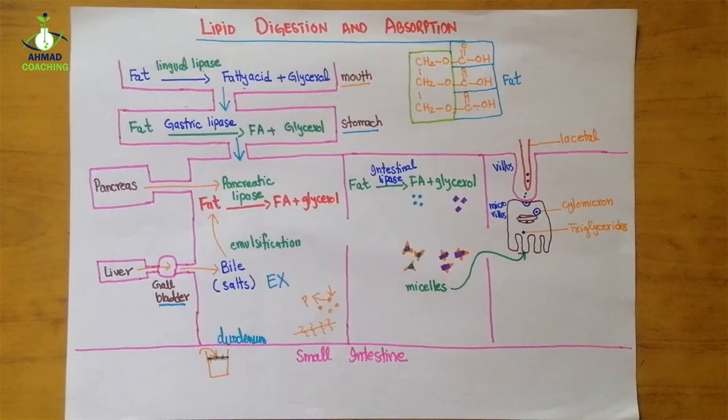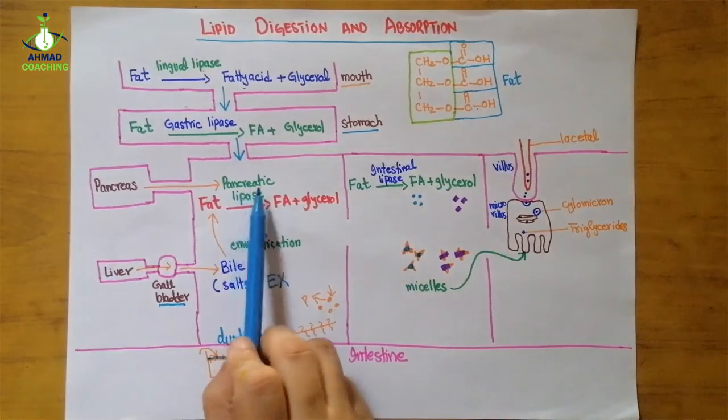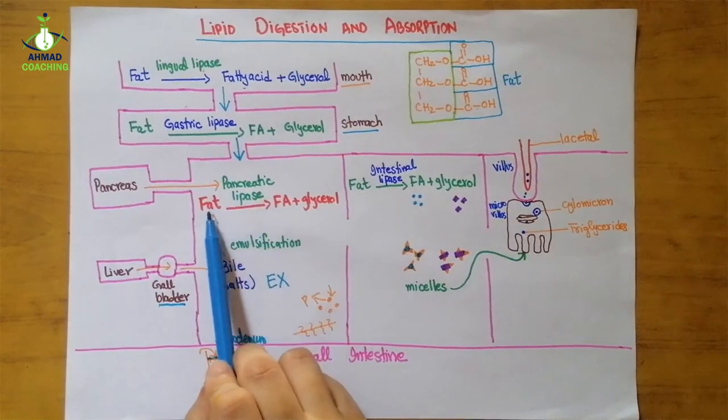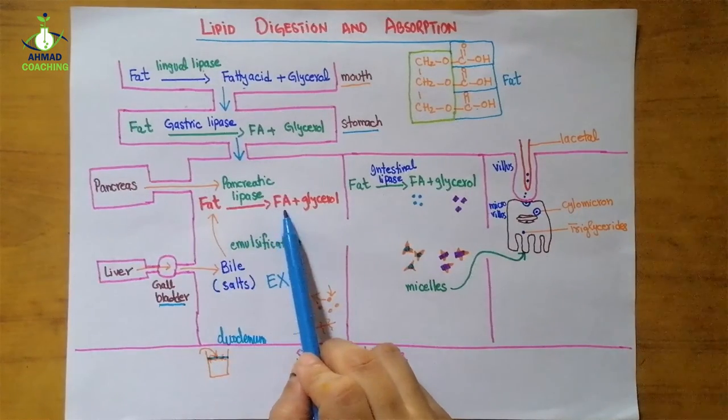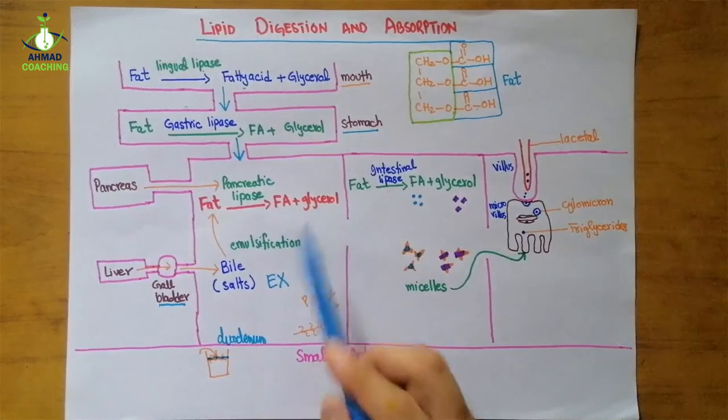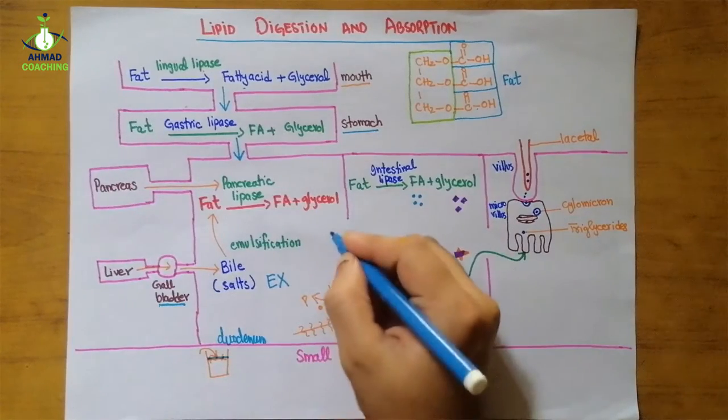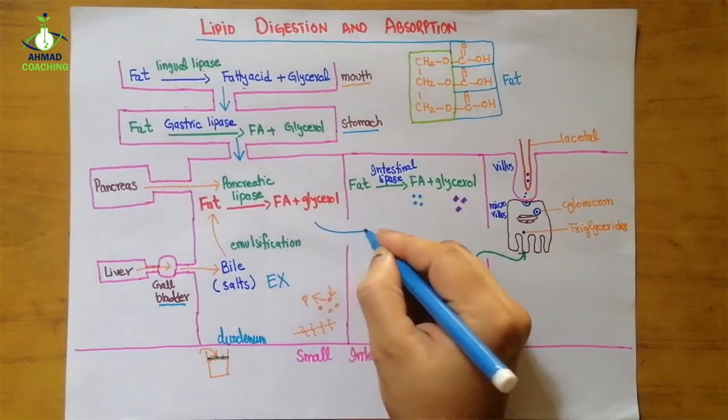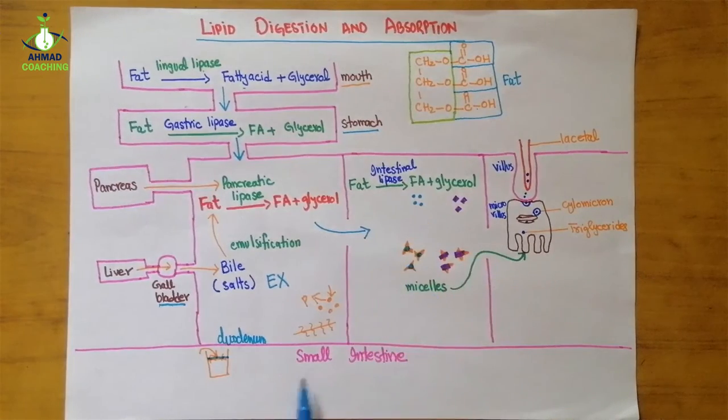As soon as the emulsification takes place, the pancreatic lipase is going to act on the fat, and this fat is further converted into fatty acid plus glycerol. From here, the rest of the food will enter into the second part of the small intestine, which is known as jejunum.